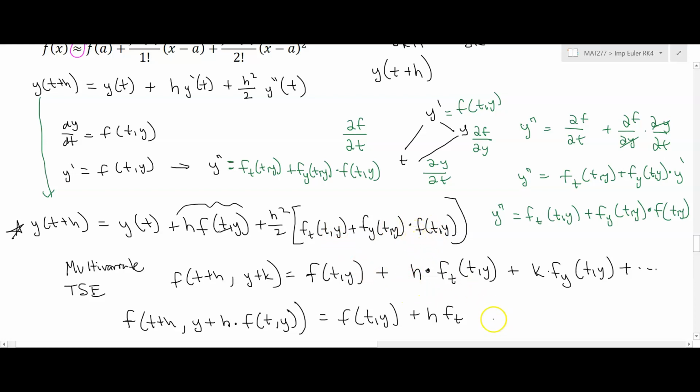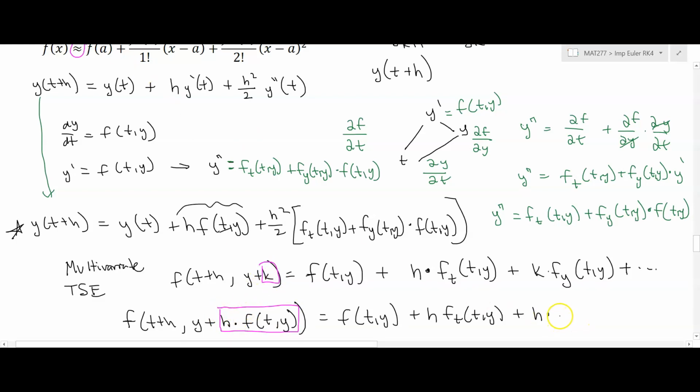So here I have k being replaced with h times, here's our k, right? And our k is really this extra plus piece.